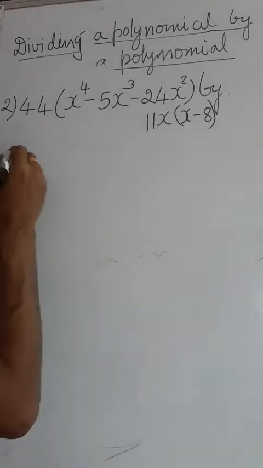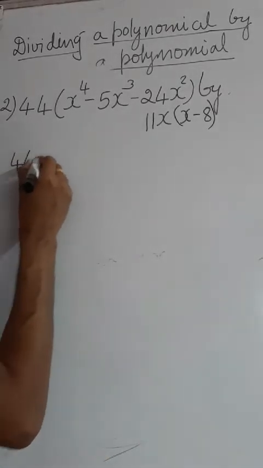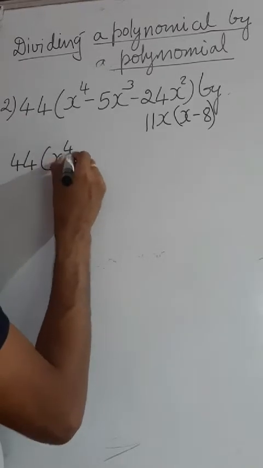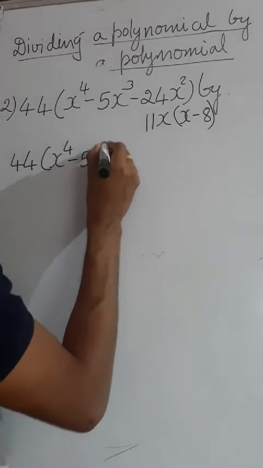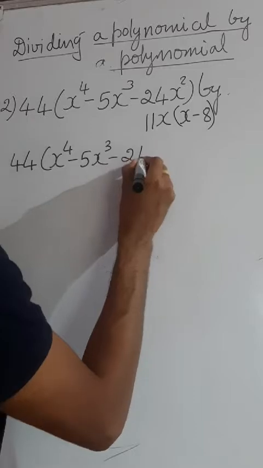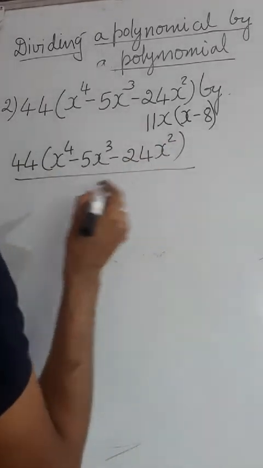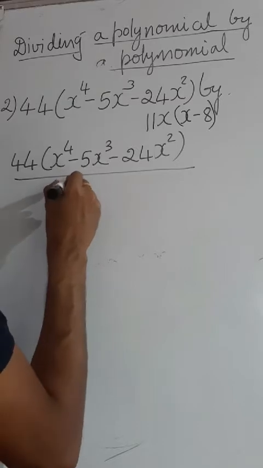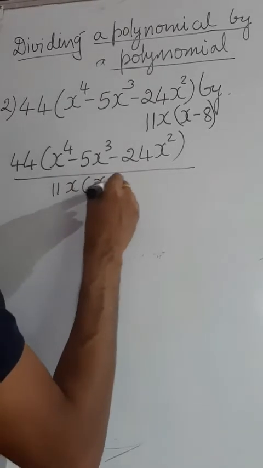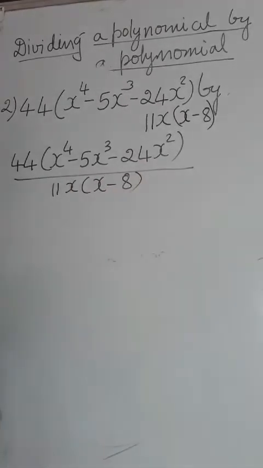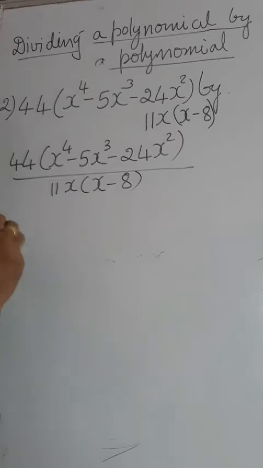Now you can write it as 44 into x to the power 4 minus 5x cube minus 24x square, divided by 11x into x minus 8. You can write the terms in the numerator as well as the denominator in their irreducible form if it is possible for each term.